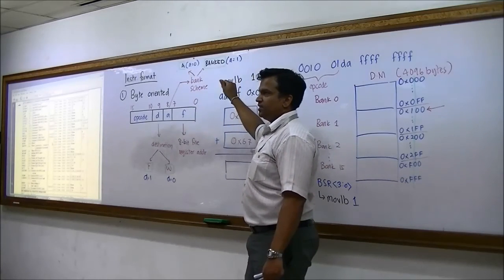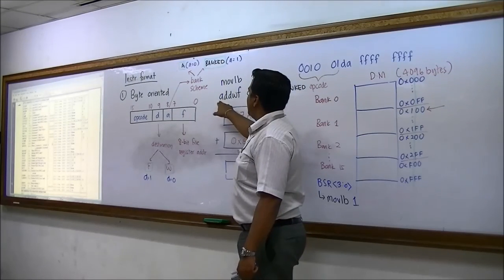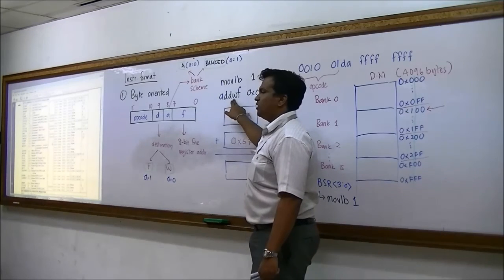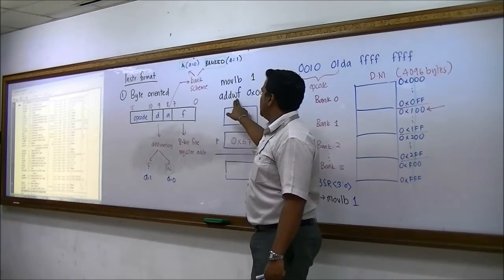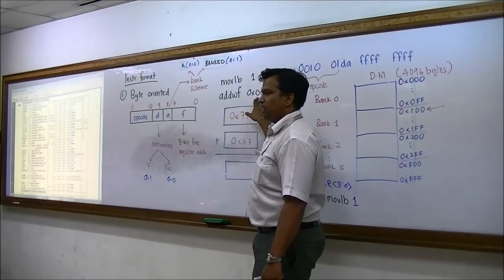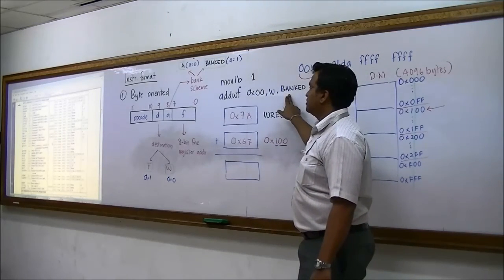Is it okay? So for this instruction, I'll just repeat how it works. Add the content of the working register to the content of the file register. What is the address of the file register? Hex 00. Are we using the banking scheme? Yes. Which bank? Bank 1.